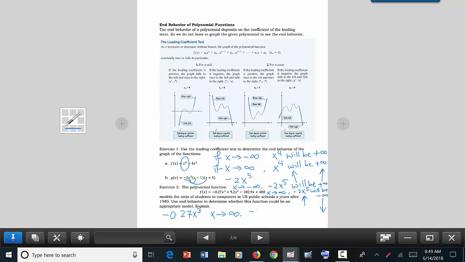So negative 0.27x to the power 3 will be negative infinity, and that does not make sense, because what is it telling us? They will be borrowing so many computers, which does not make sense. That's why this model is not the proper model.